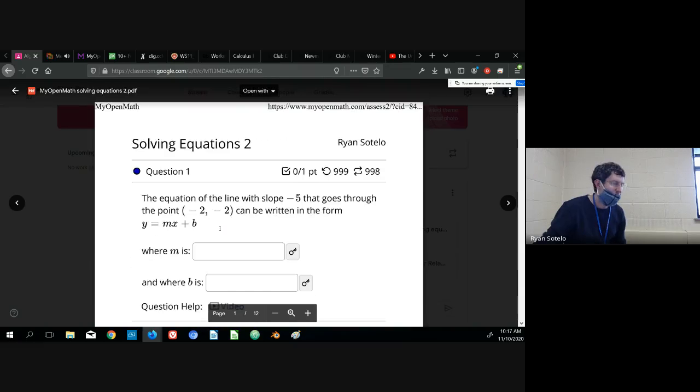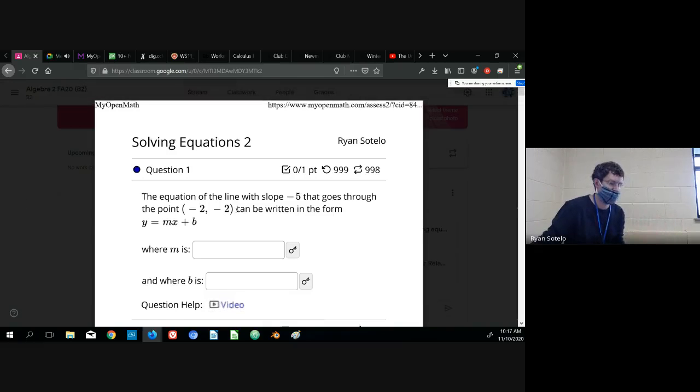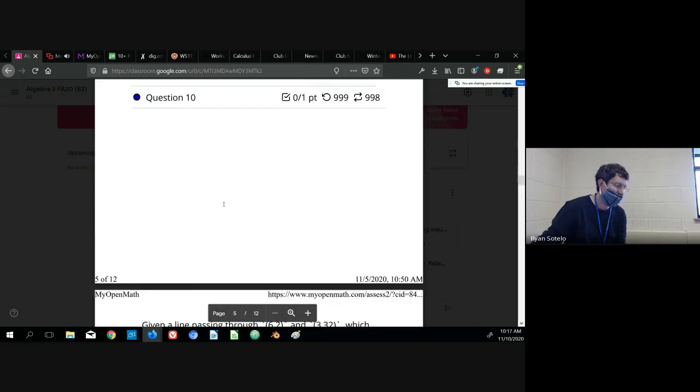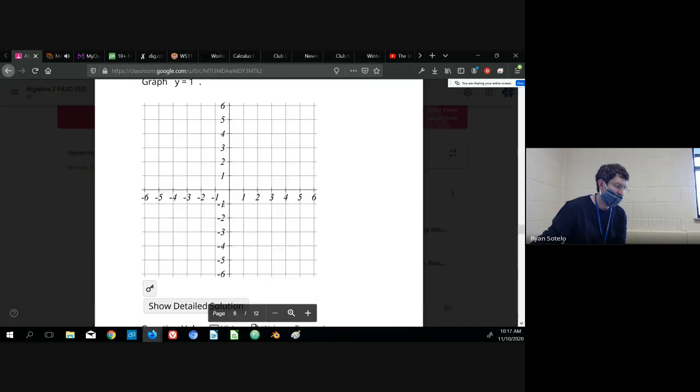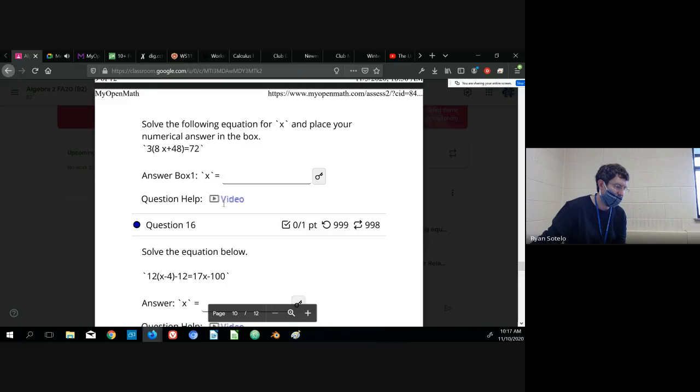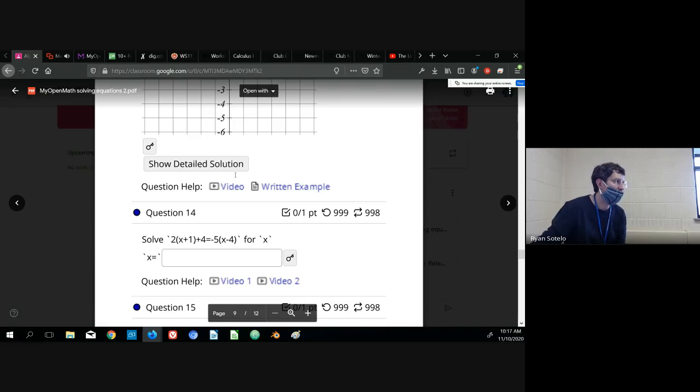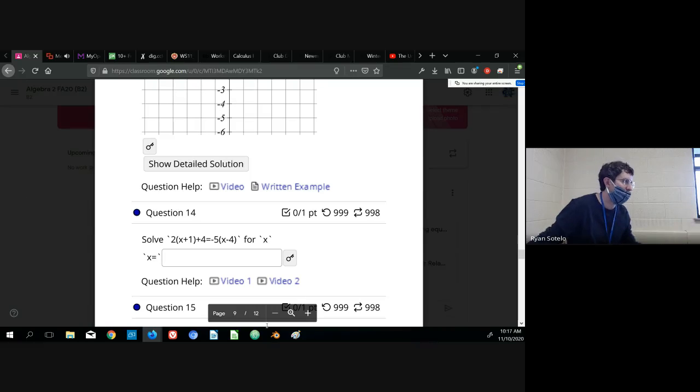Solving equations 2 has a lot of line-based stuff, like find the slope or find a line going through this point. So that'll be on the second part. You have to go down to question 14, and those questions will also be on part 1. So 14 down.